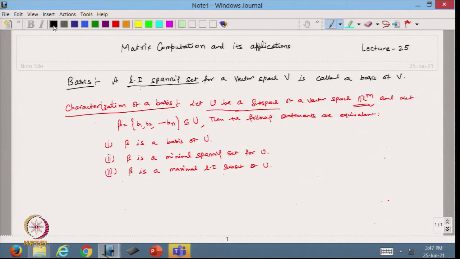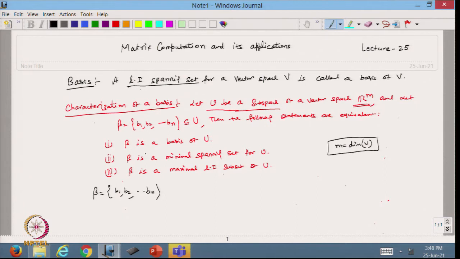So, suppose I just take this one. Now this can be discussed. We have a beta containing the elements B1, B2 up to Bn. So, we are taking n number of vectors, and I know that the dimension of V is equal to m in this case.